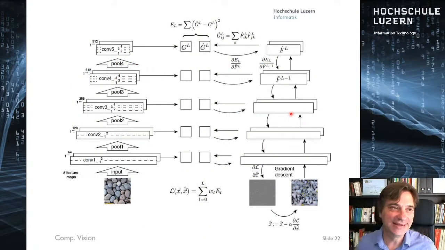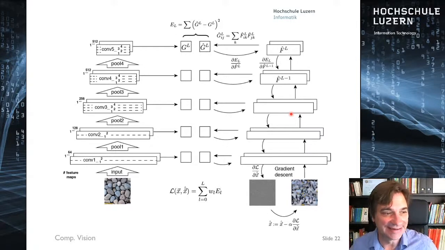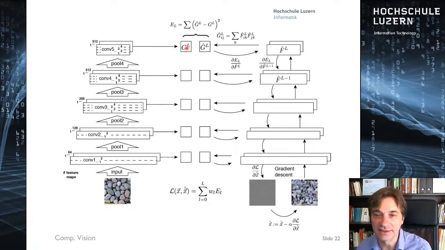Okay, so here is again how this looks in more detail. What you have on this side is your input image from which you try to replicate the texture. So you run it through the network, and at each level you calculate the features, and from the features the gram matrices.